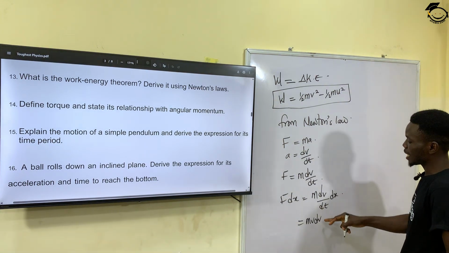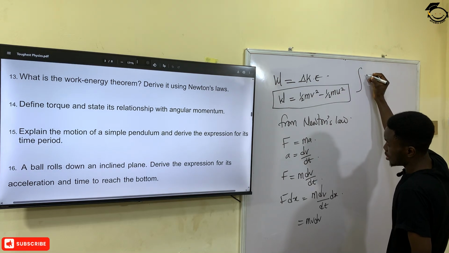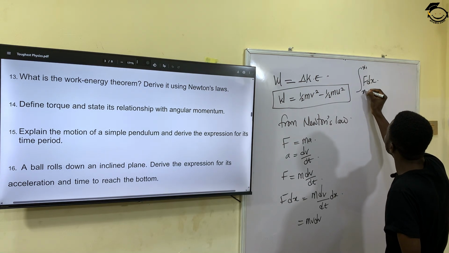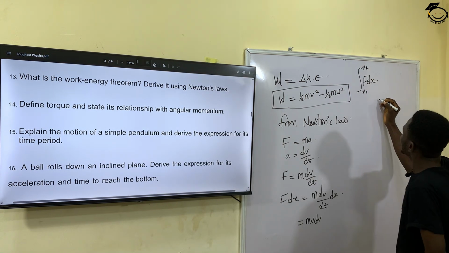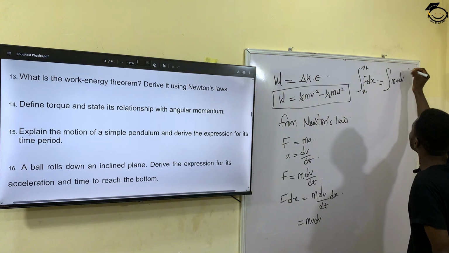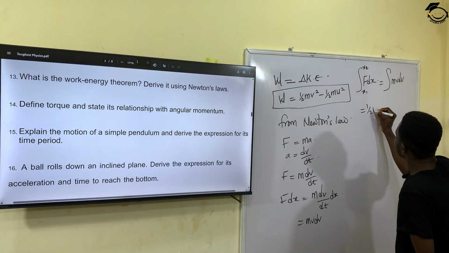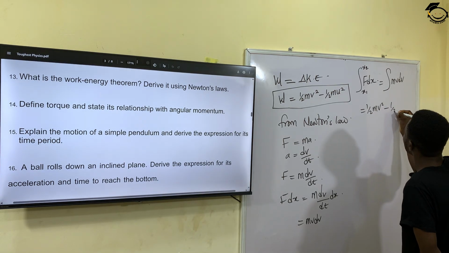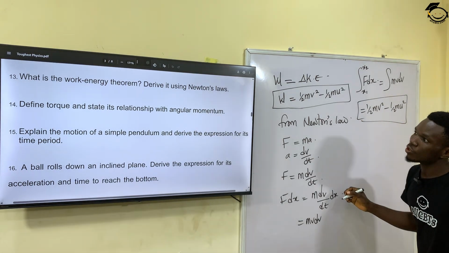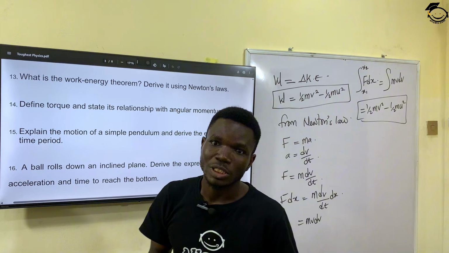So if I have mv dv, this is the same as saying if I integrate my F dx, that's the same as saying I'm integrating mv dv. So if I integrate this, what I'm going to be having at the end of the day is half mv squared minus half mu squared.